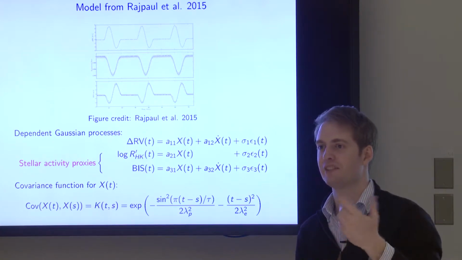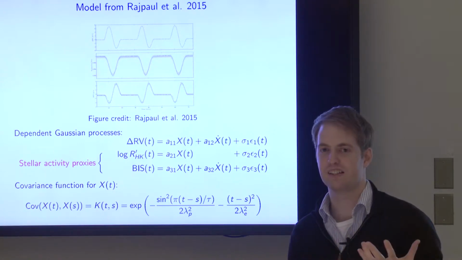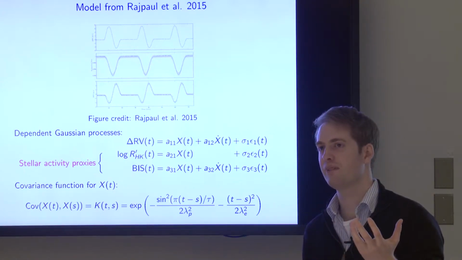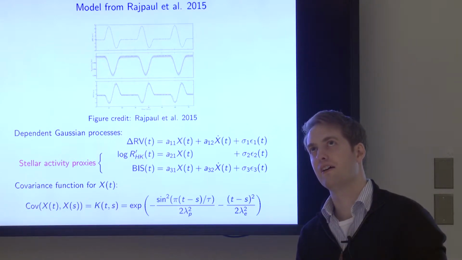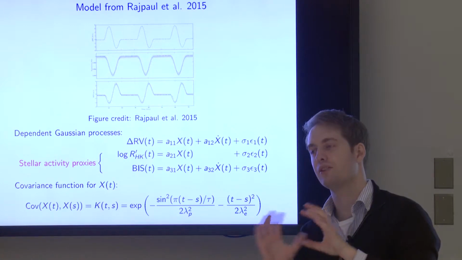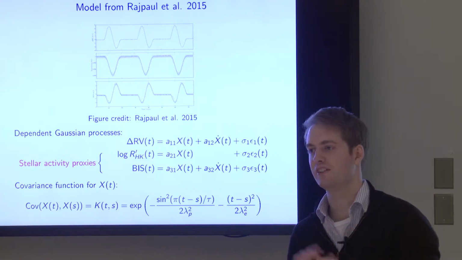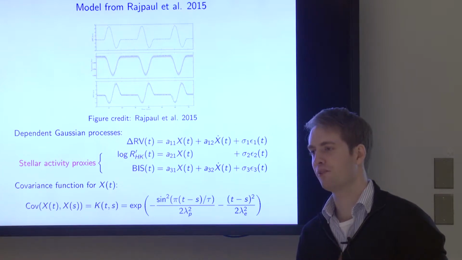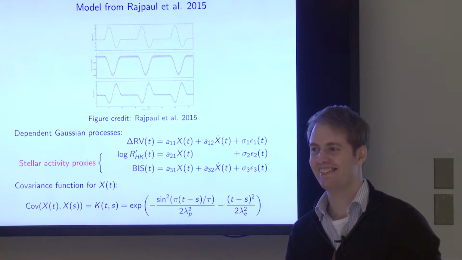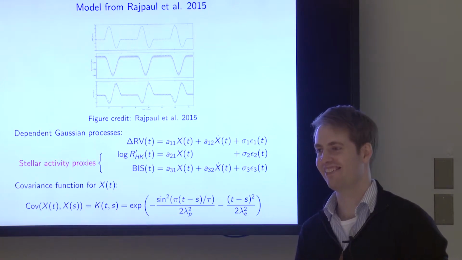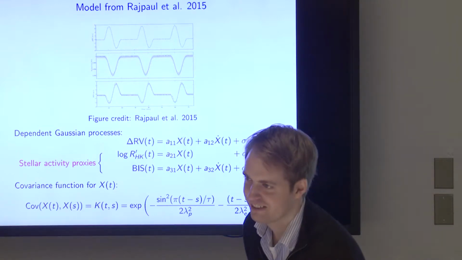That was their interpretation of what xt was, and then I guess the derivative may come in because it depends on where the spot is on the star. When it's on the edge, it has a different effect to when it's in the middle, and so on. I'm not really sure, but that may be where it comes in, and then you can keep extending that to the second derivative and so on. But I don't have any proper physical interpretation.